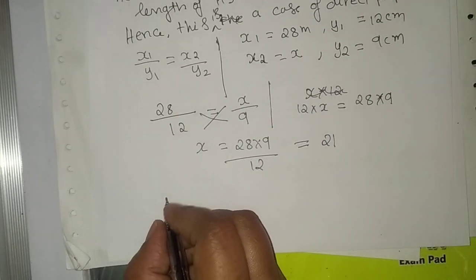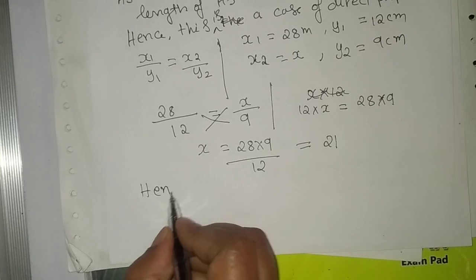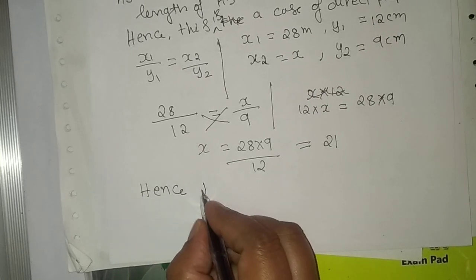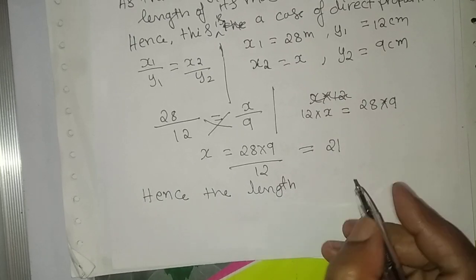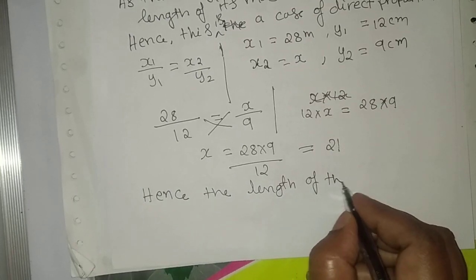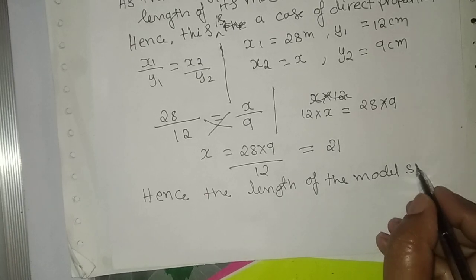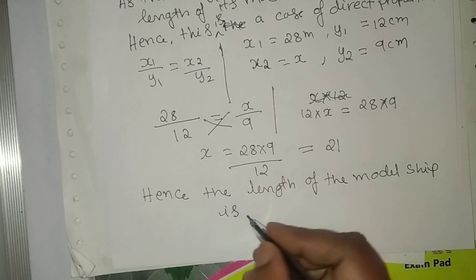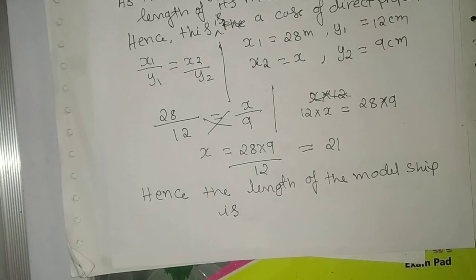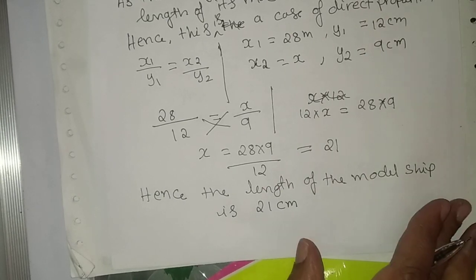Finally, what is the length? Hence, the length of the model ship is how much? 21 centimeters.